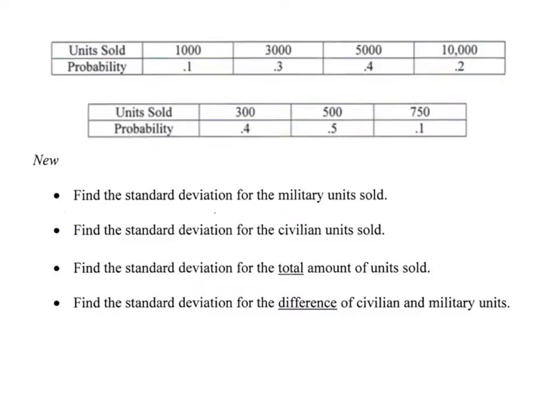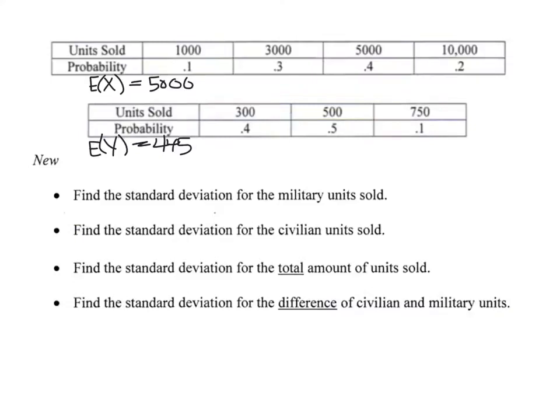So let's begin talking about standard deviation for military units. So you remember the expected value for military was 5,000. Expected for civilian was 445.